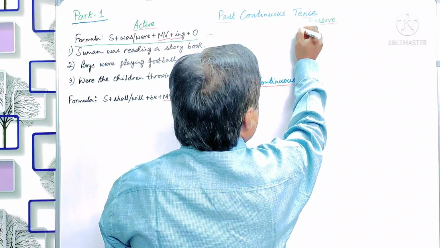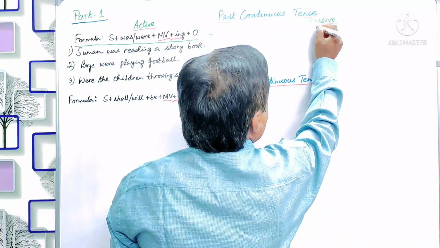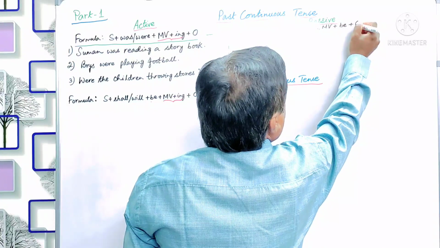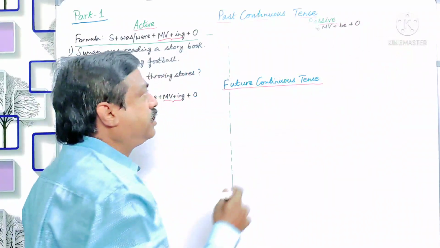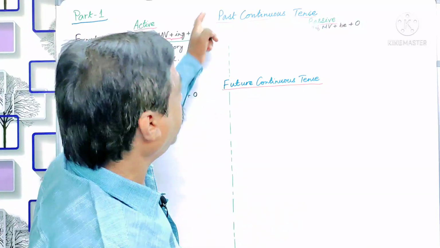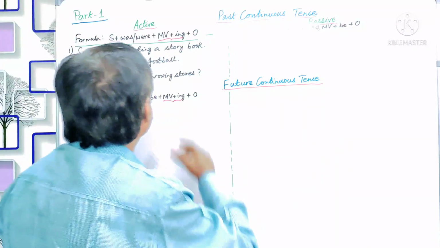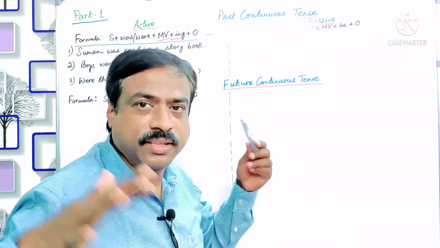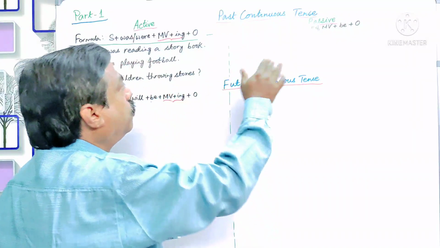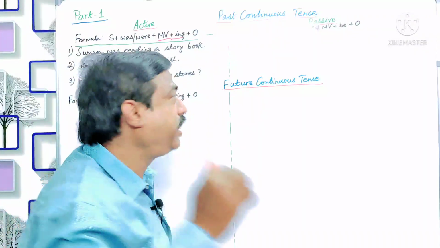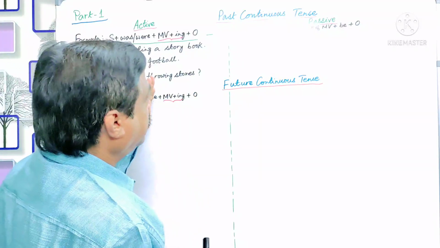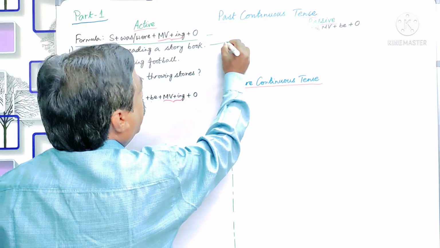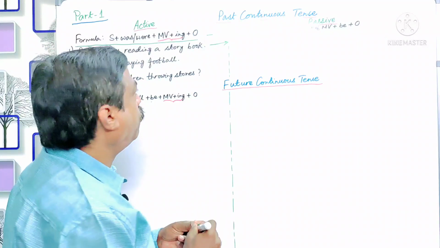Being plus past participle form of main verb plus by plus object. So this is the structural pattern of the sentence in the passive voice in the past continuous tense, and the sentence after the necessary changes will be in this pattern only. So this is the formula that you have to keep in mind, and all the sentences you will see will be like the way I have written the formula for you.